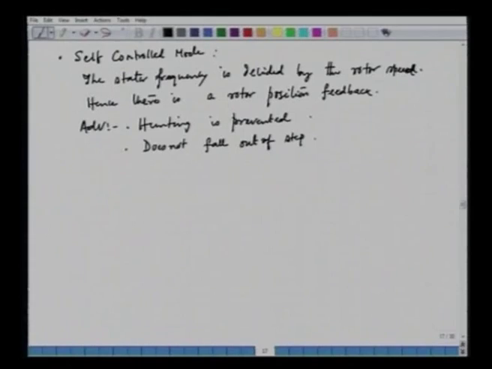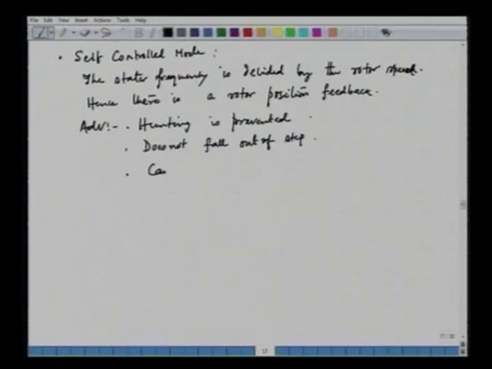And also one big advantage is that this kind of drive can be employed for variable speed application, because the frequency can be varied, there is no fear of losing the synchronism, and hence we can operate starting from 0 speed to the full speed. Can be applied for variable speed application.